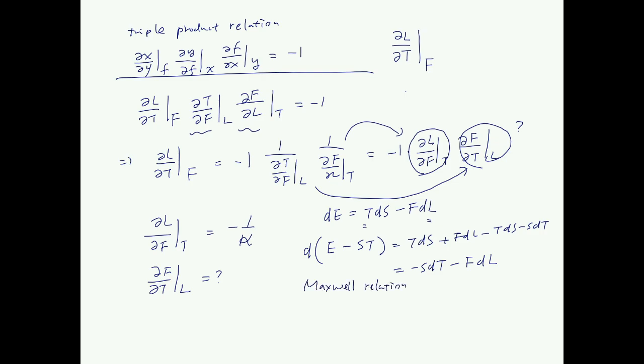But that is also very simple. That just means the second derivatives commute. So here I see the d of something is minus SdT plus FdL.